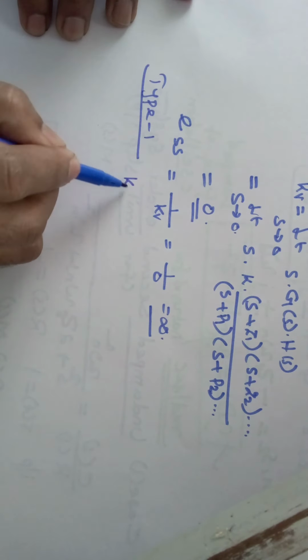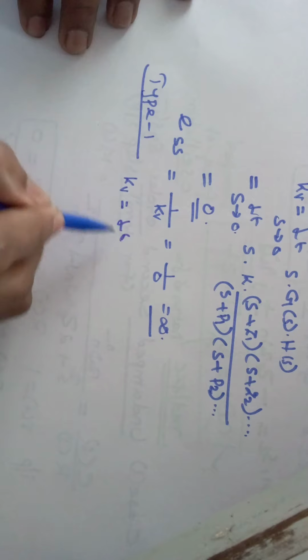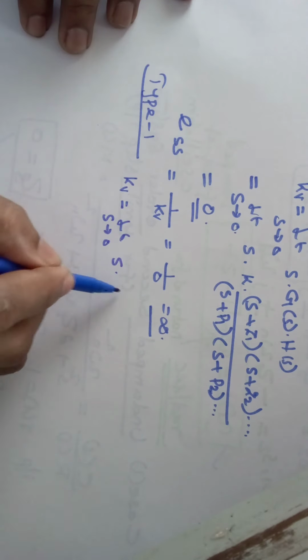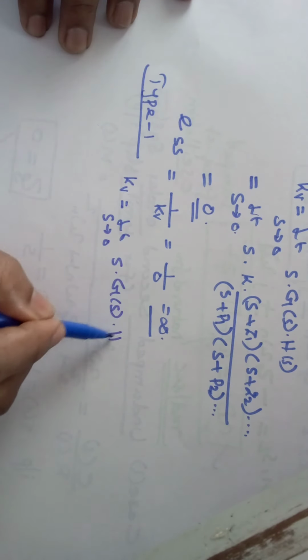So here your Kv is equal to limit s tends to 0 of s into G(s) into H(s).